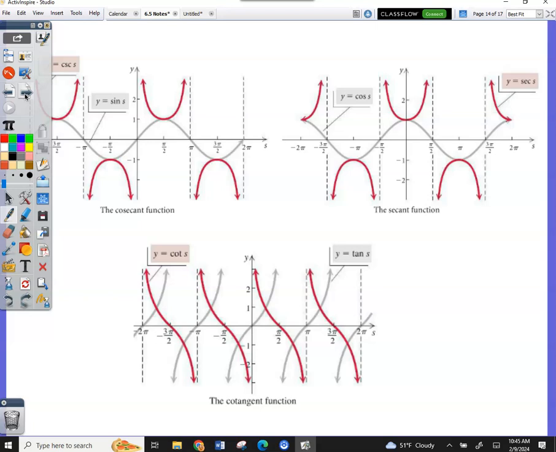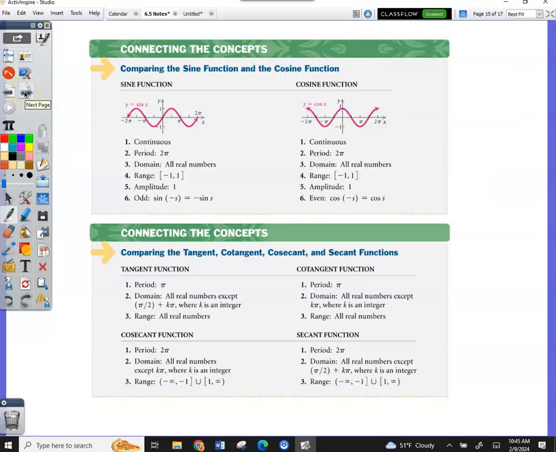The reciprocal of tangent, which actually is not as bad, is in red. So we won't be manipulating the reciprocal graphs, but I wanted you to see that if you were to graph them, this is the hot mess that you would end up with. And then this last slide here is putting everything we talked about on one slide.